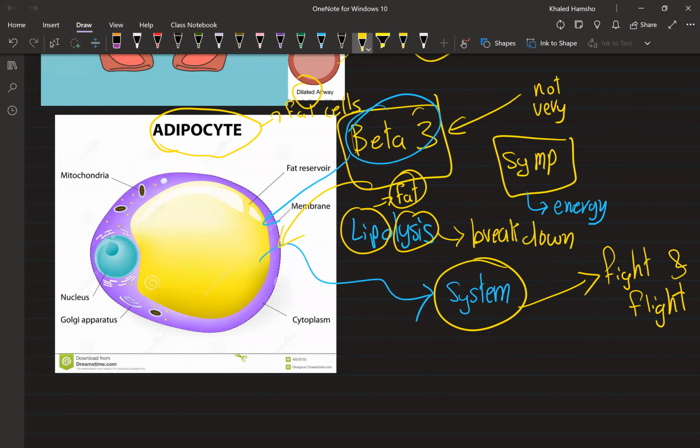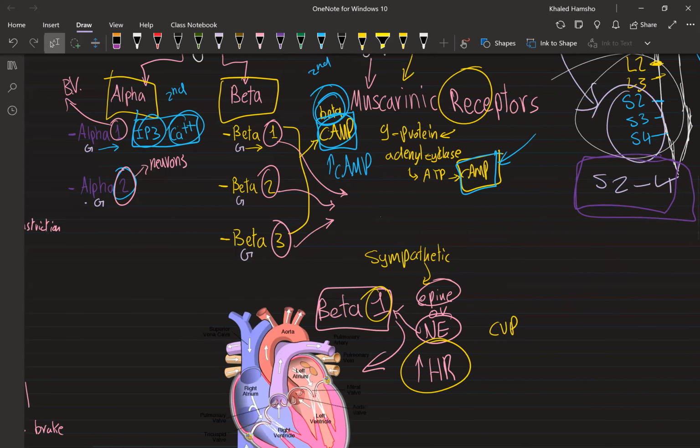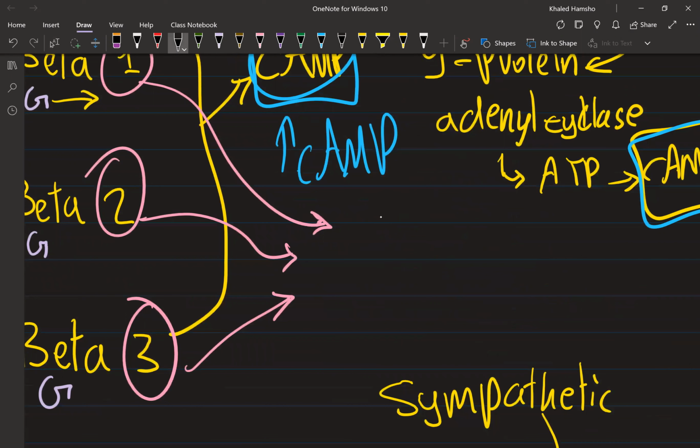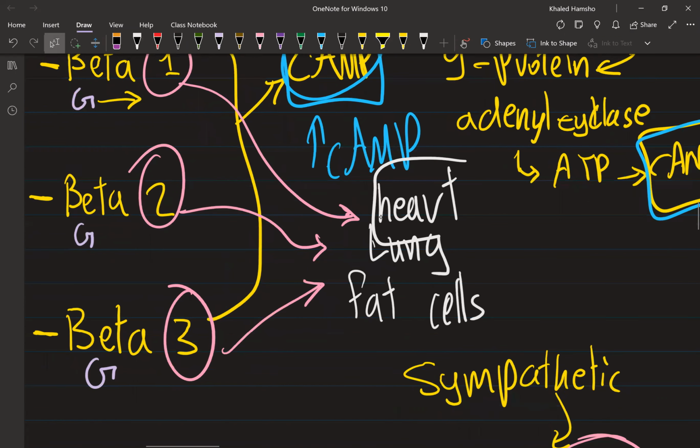Just to quickly recap: beta 1 is found on the heart, beta 2 is generally found on the lung, and beta 3 is generally found on fat cells. Obviously, these are not the only places where the receptors are found, but these are the main sites of these receptors.